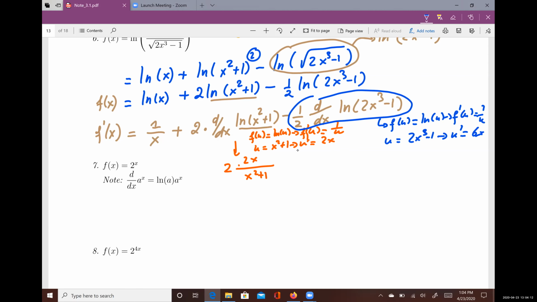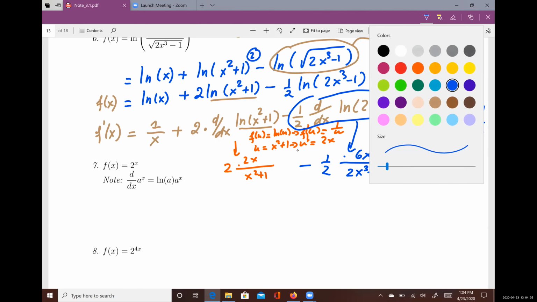Then this derivative will be negative 1/2, right, times 6x, which is u prime, multiplied by 1 over u, which is divided by u, and u is 2x cubed minus 1. And I just carry this 1 over x down.